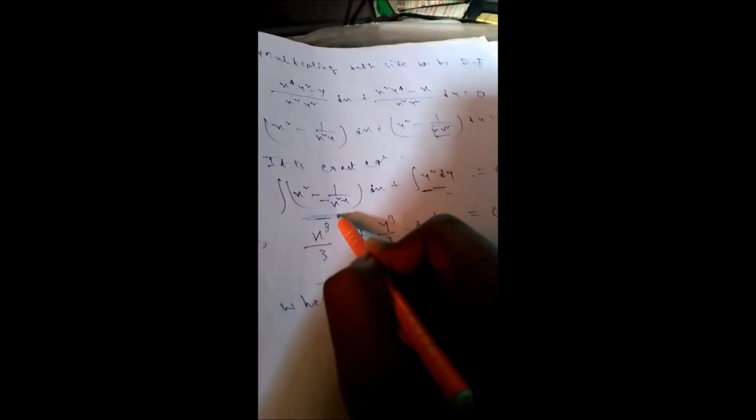Now it is an exact equation. We now solve it. Here this is M(x,y) and this is only the term of y from N(x,y).